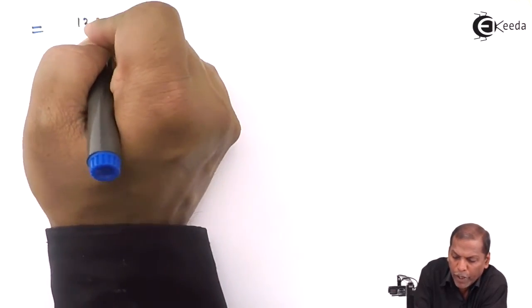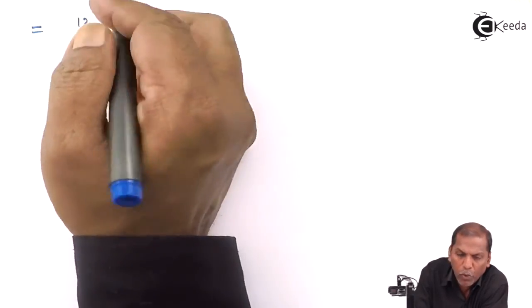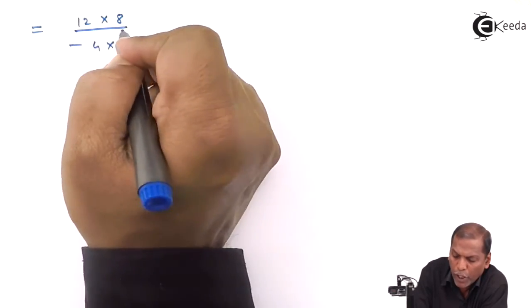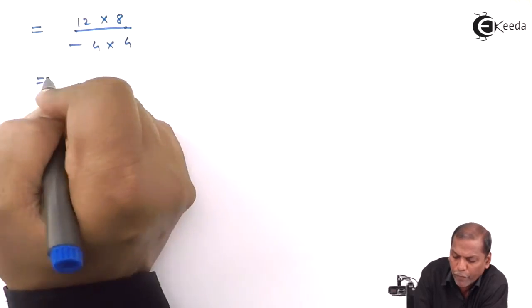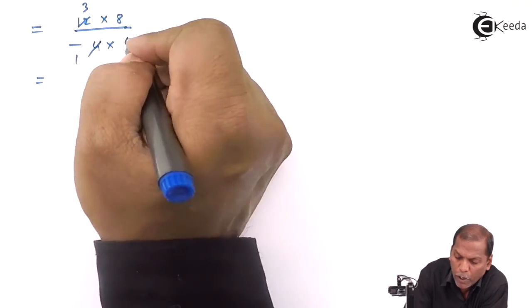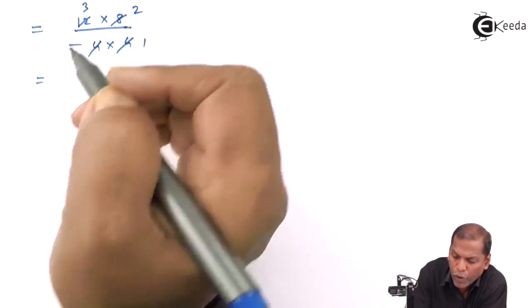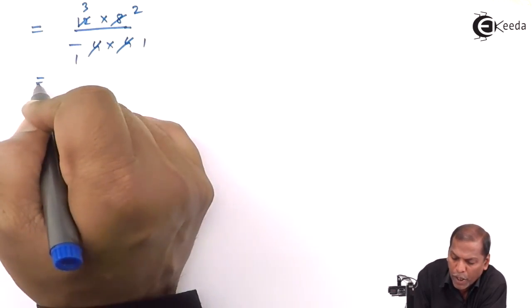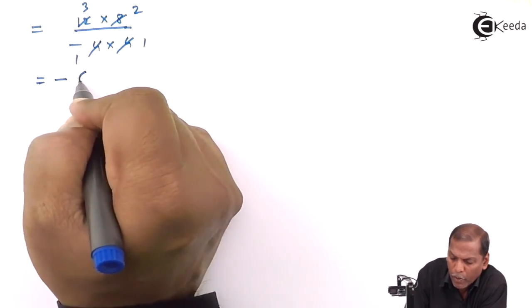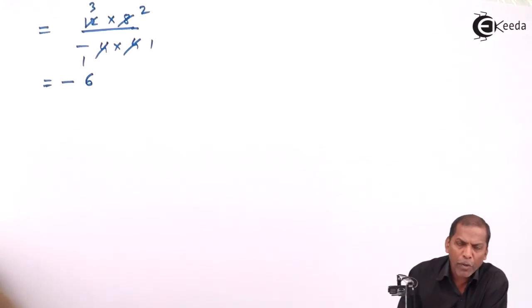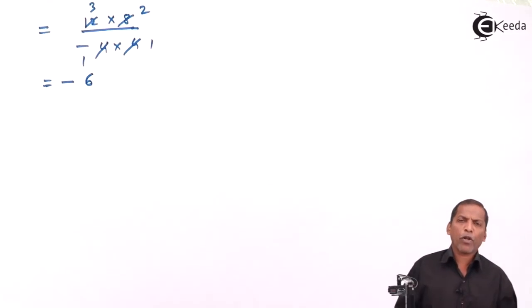So the next step will be 12 into, now 4 plus 4 we get 8, and minus 4 into 2 plus 2 we get 4. Now 4 ones are 4, 4 threes are 12, again 4 ones are 4 and 4 twos are 8. So 3 into 2 is 6 and the minus sign, so that equals minus 6. So in this way we get the answer minus 6. This is the required solution for the given problem.